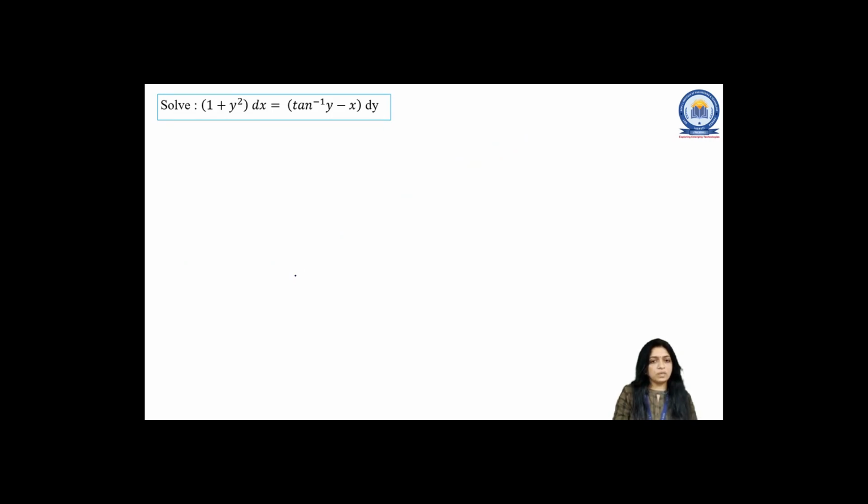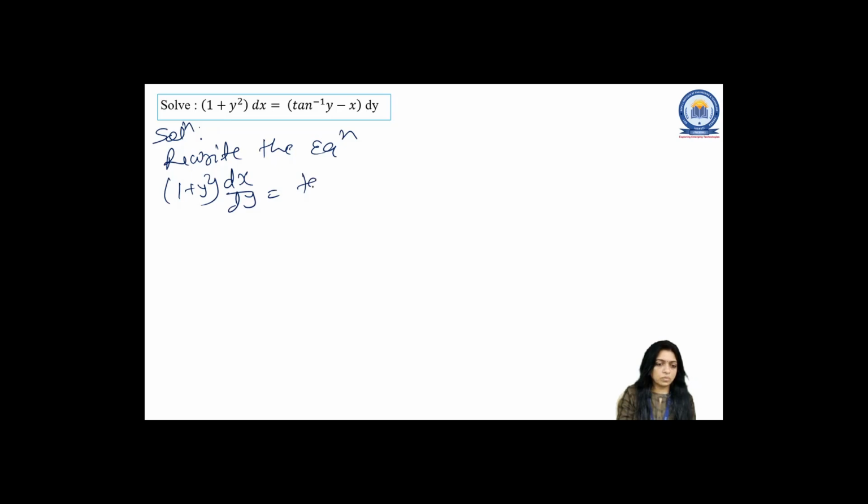Let's move with one more different kind of example, and that is (1 plus y square) dx equal to (tan inverse y minus x) dy. So rewrite the equation and we get (1 plus y square) dx by dy is equal to tan inverse y minus x.